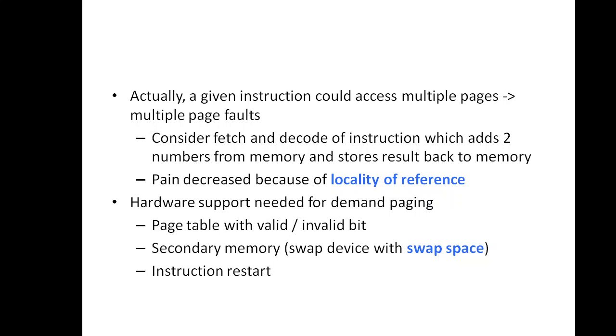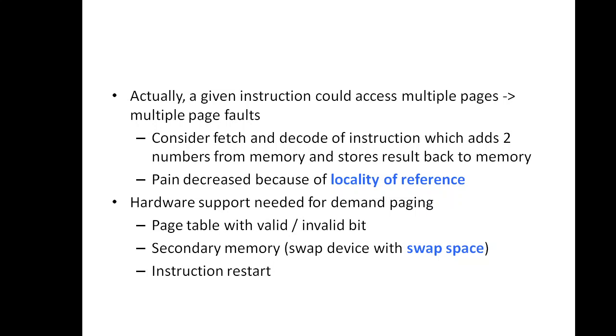Sometimes what happens is, a given instruction could access multiple pages, resulting in multiple page faults. How this can happen is, consider an example of an instruction add a, b, c. In this instruction, we need to add the values of a and b and store the result in c.